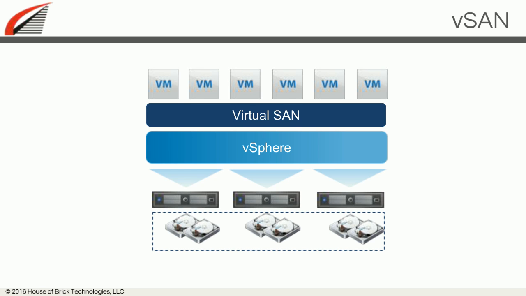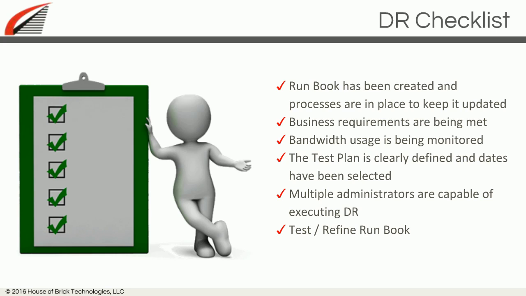Well, if you're in those bottom categories, if you're in the tape category, I would ask you to go back to the business, if you're not the business, and ask, what's your expectation for our recovery? And keep in mind, ask yourself whether you're able to meet the expectation they're about to give you.